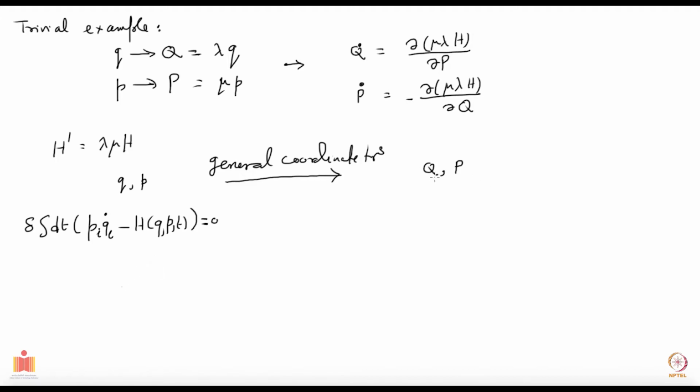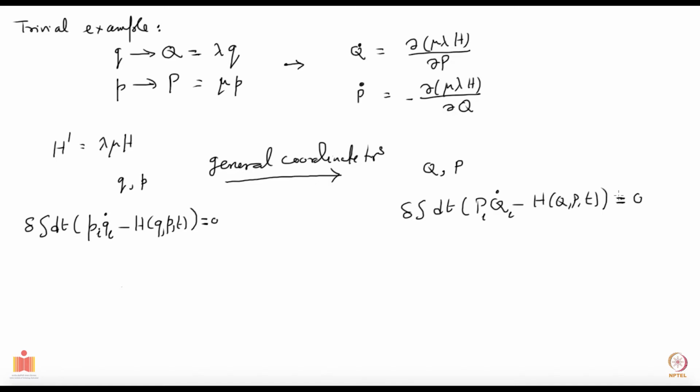Okay, and similarly here, because I'm already saying that my equations of motion will be in the canonical form, it means that if I start with this action, and look at the variations and equate them to 0, these stationary curves are going to give you the equations of motion.